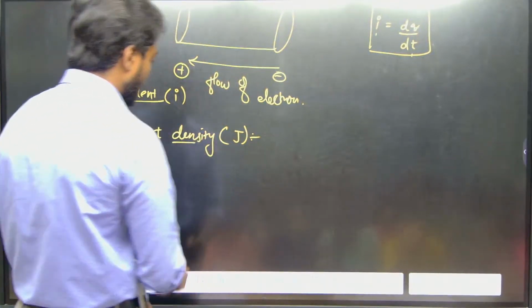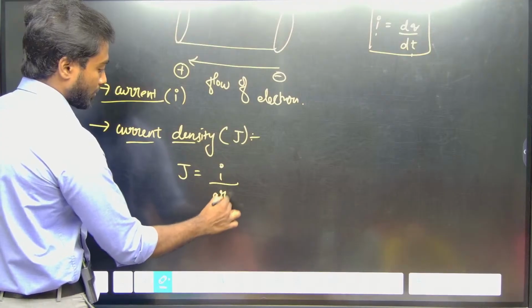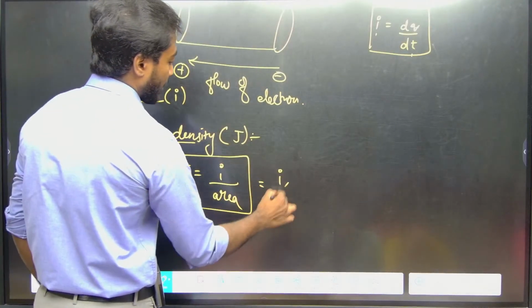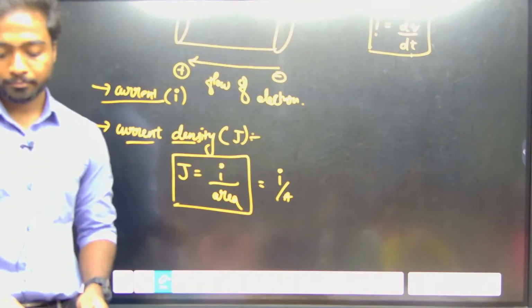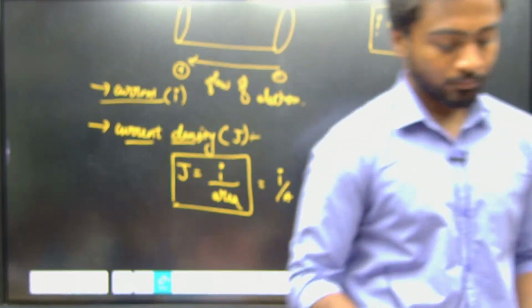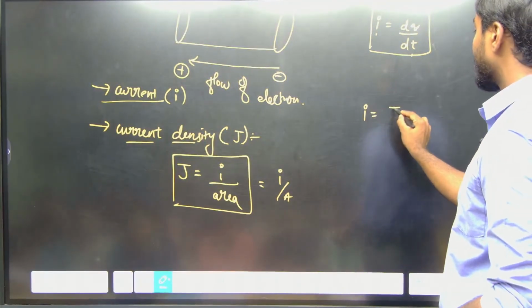So the formula will be J is equal to I by A, current by area. Or I can say I is equal to J dot A.